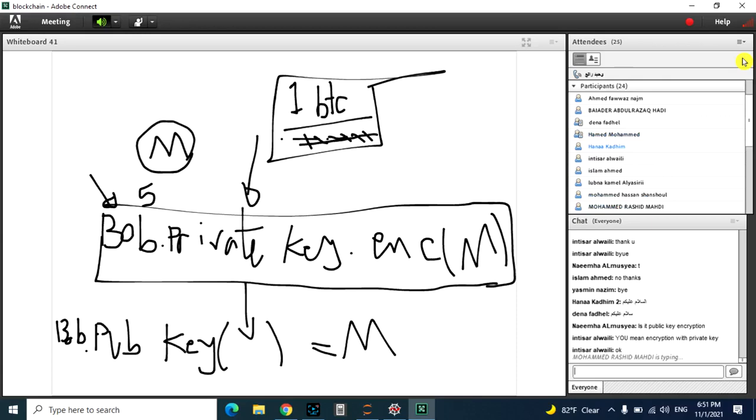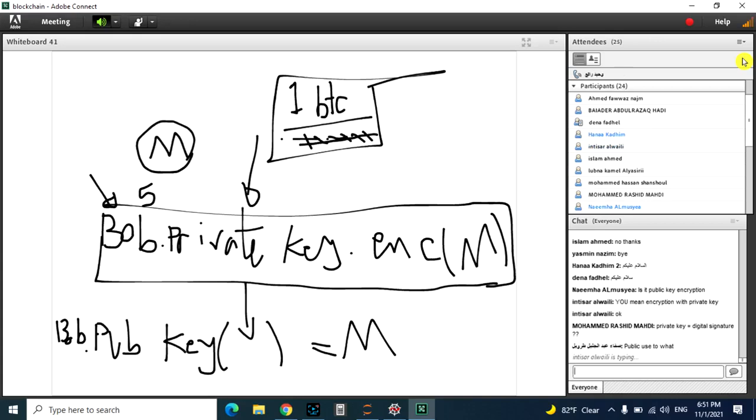The only thing that I must show you is the related code of elliptic curve in Python. No, the private key is not the digital signature. The public key is used to verify the digital signature. The private key is used to create the digital signature.